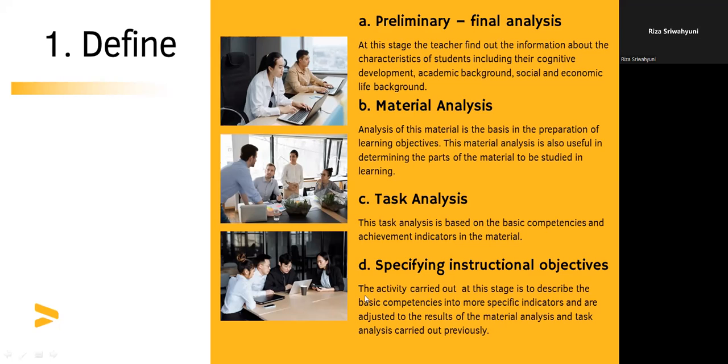The last, specifying instructional objective. The activity carried out at this stage is to describe the basic competencies into more specific indicators and are adjusted to the results of the material analysis and task analysis carried out previously.